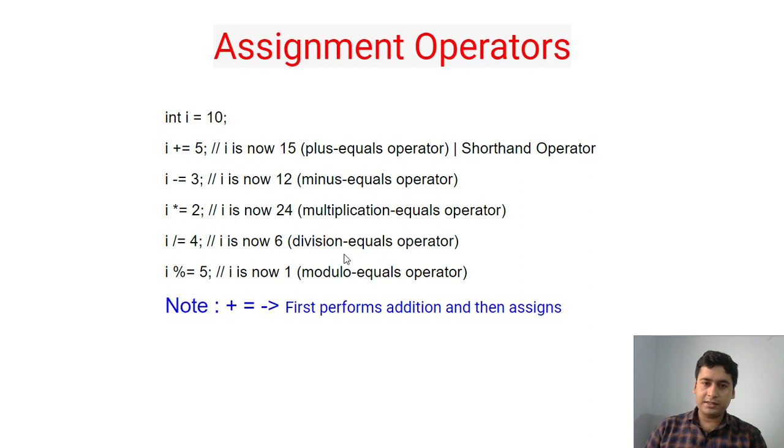We have also written the division equals operator and the modulus equals operator. So plus equal to first performs the addition and then assigns it. First it performs the addition, then it assigns it. As of now, this is what you need to know.